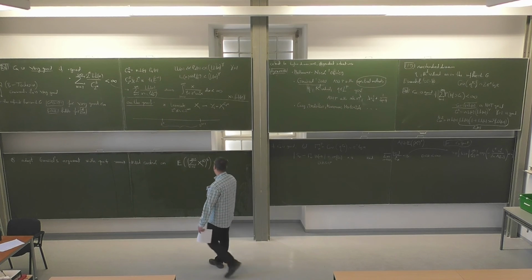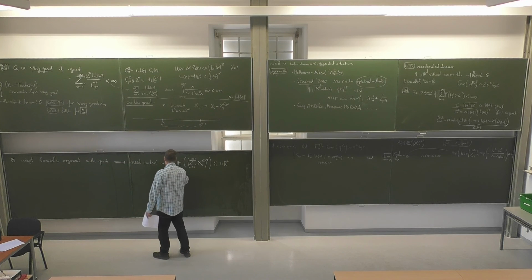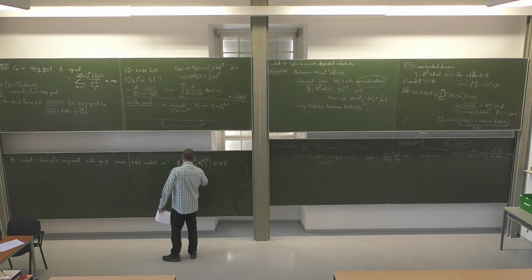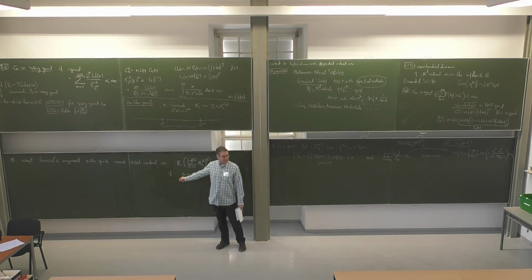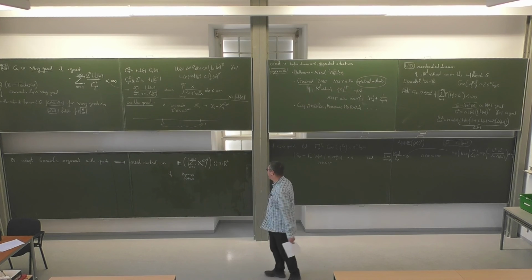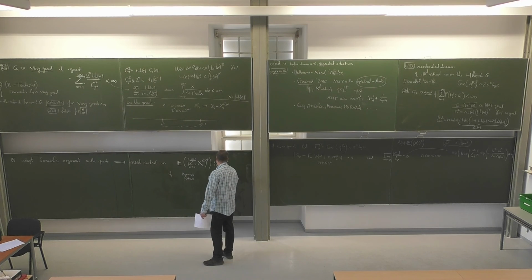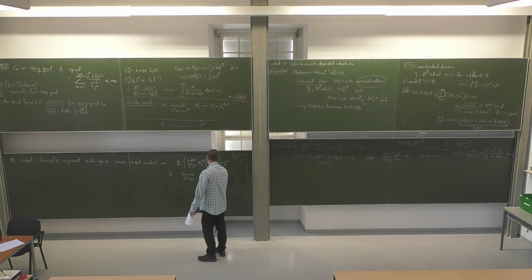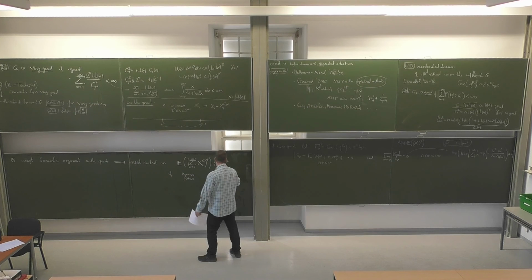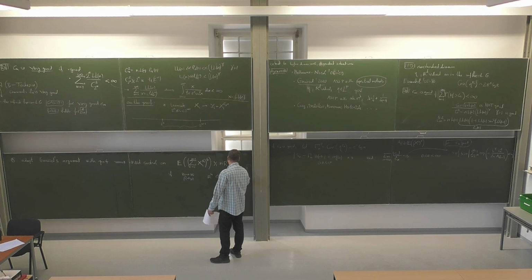Under the following conditions: letting both m and r, where r is the truncation level and m is the number of terms, go to infinity, we have that m is between r to some t1 and r to the t2, for some exponents.